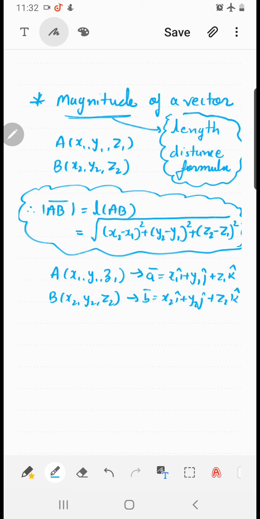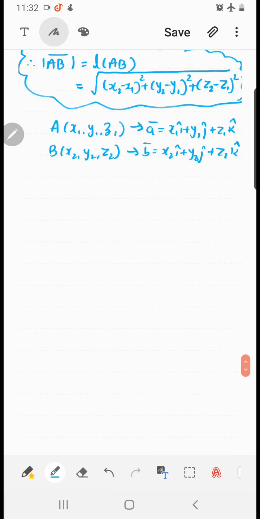Now what I can do with 2 points, can I convert this into a vector? So I will try to define a vector AB bar. Now just now we have done a formula that a vector can be written in terms of its position vector, as PV of terminal point minus PV of initial point.